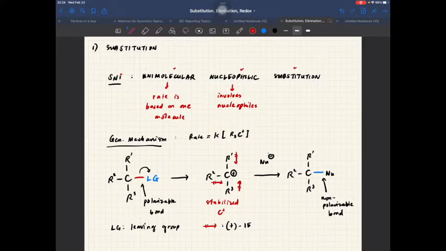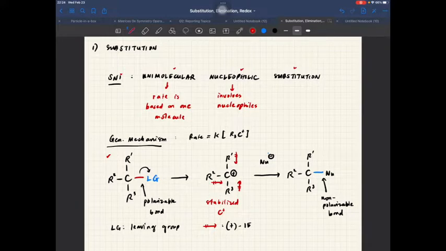The general mechanism for this type of reaction is as follows. Suppose we have this organic compound with a good leaving group. When we say leaving group, these are atoms that form polarizable bonds with carbon. Because those bonds are polarizable, they could be easily broken.